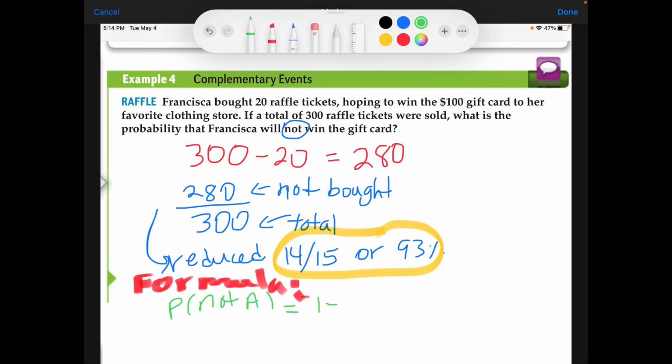Remember, the formula is 1 minus the probability of what you have. So we could have also just gone 1 minus what she did buy. So this would have also worked, and it would have given me the same, 14 over 15 reduced, or the 93%. So 2 different ways of doing it, okay? And that's it for complementary events.